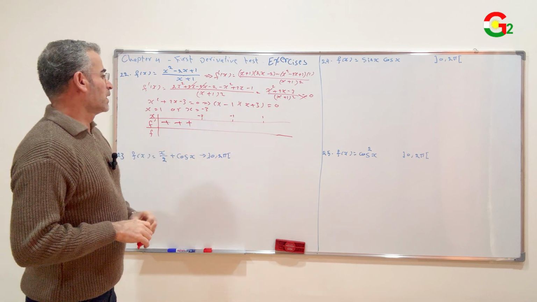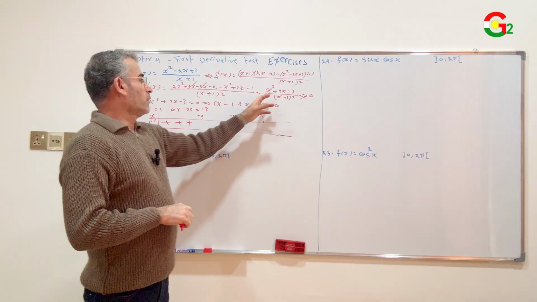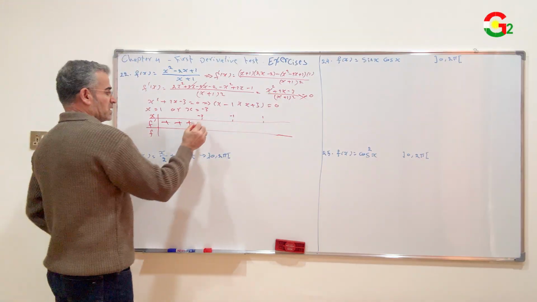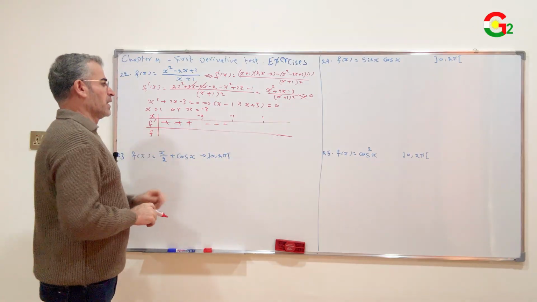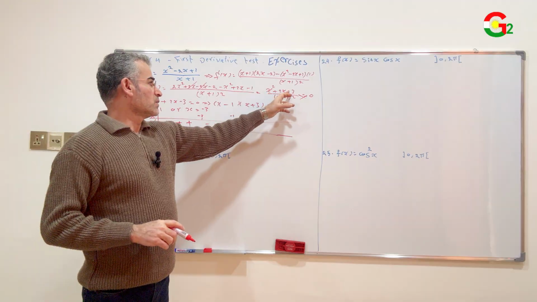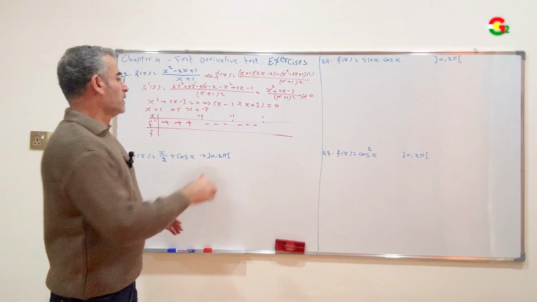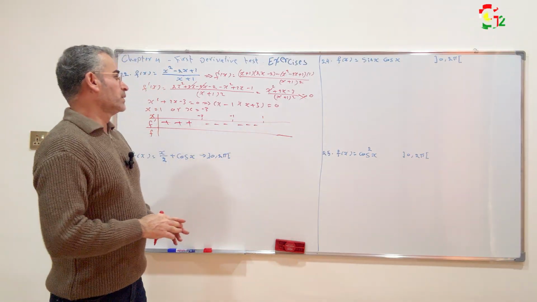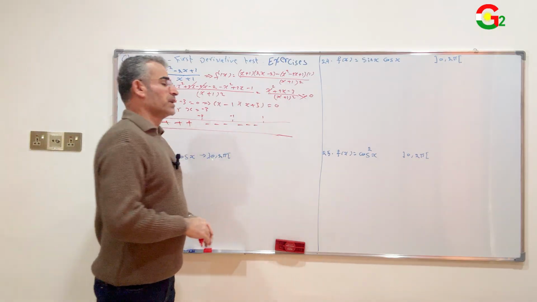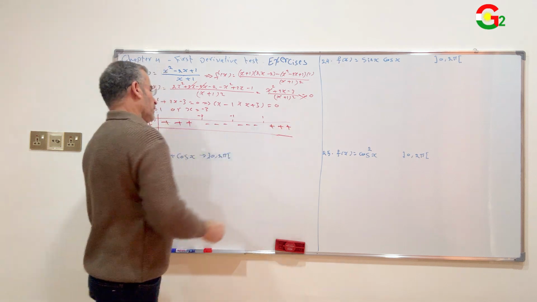Between negative 3 and negative 1, take negative 2. Negative 2 squared is 4, 4 minus 4 minus 3 is negative 3, a negative value. Between negative 1 and 1, take 0. 0 plus 0 minus 3 is negative. When x is greater than 1, take 2. 2 squared is 4, plus 4 is 8, minus 3 is 5, a positive value.